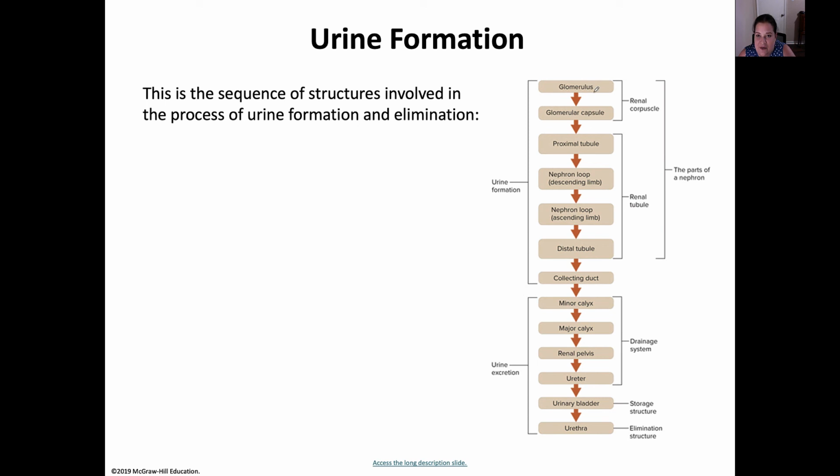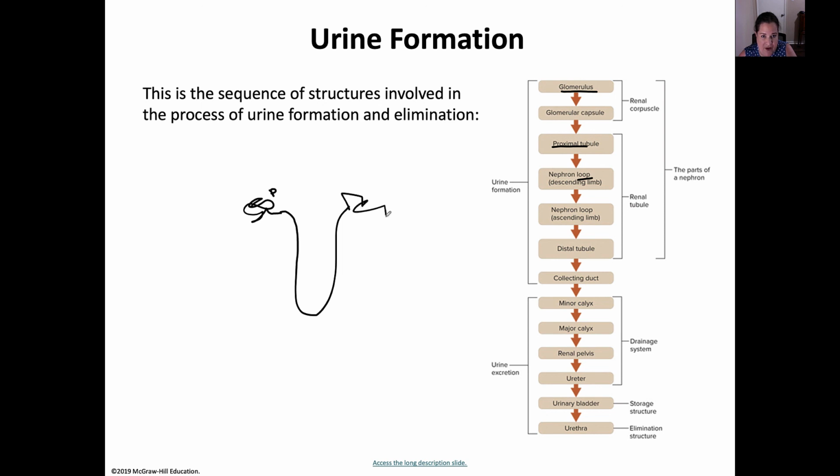Here is a summary. We can form that urine because from the glomerulus, we are going to filtrate, right? And that is going to go from the capsule to the proximal tubule. Then it goes to the loop. Important, I didn't mention that, there's always that little loop, right? We have the proximal convoluted tubule, or the proximal tubule.